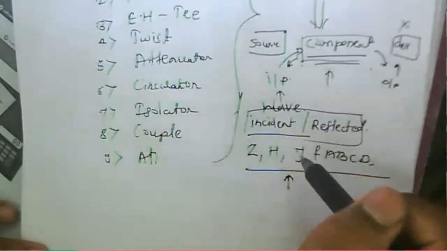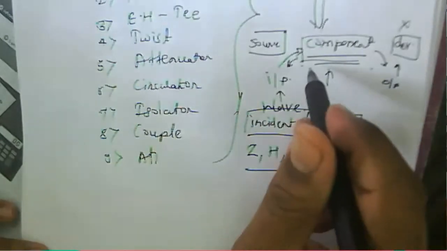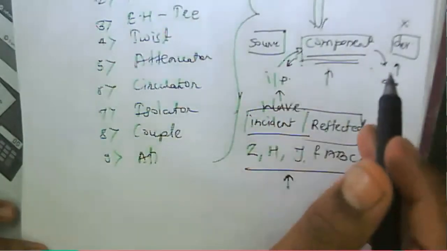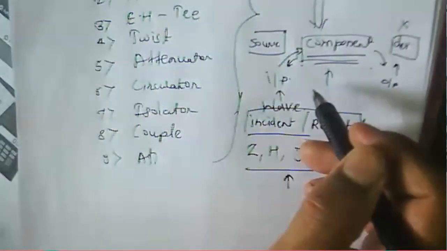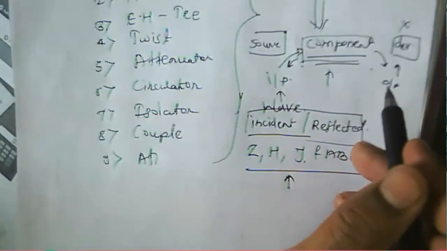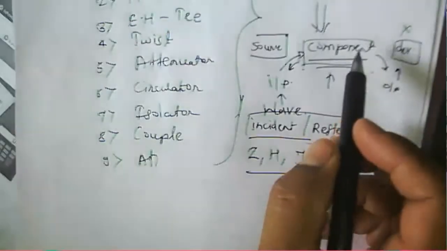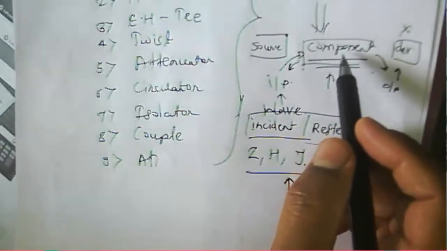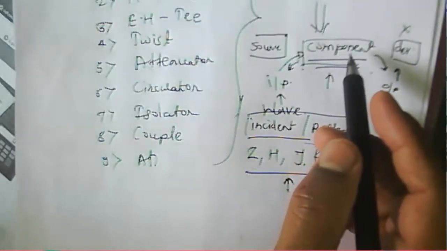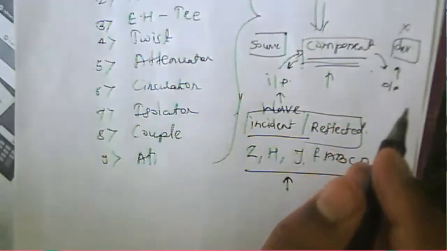Here no such parameters are applicable, because there is a wave, and there is no current and voltage. Due to that, short circuit and open circuits are not possible here, because it is working at high frequencies. So at a high frequency, short circuit and open circuit is not possible.